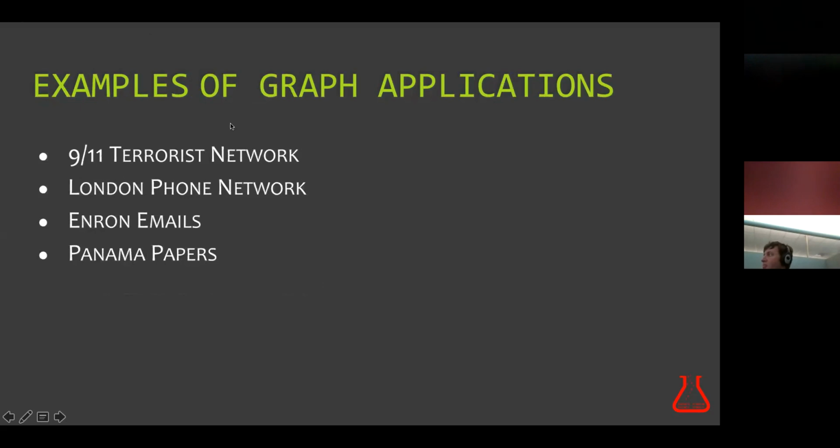So some of the places where graph theory has been applied, here's a few of them. The 9/11 terrorist network, after the fact, unfortunately, there was a graph analysis done that really highlighted the connections between all the individuals involved, and using graph metrics really highlighted which people were influential and which ones were kind of calling the shots. Unfortunately, after the fact.